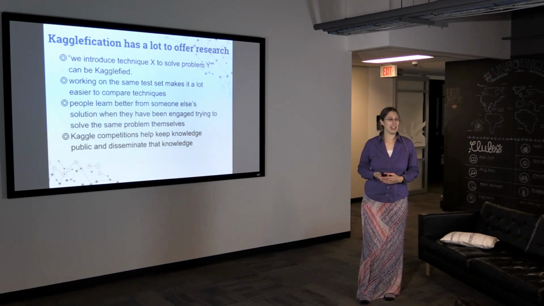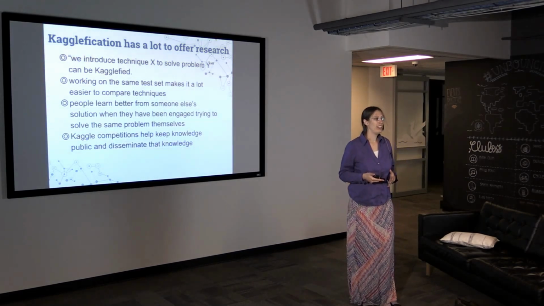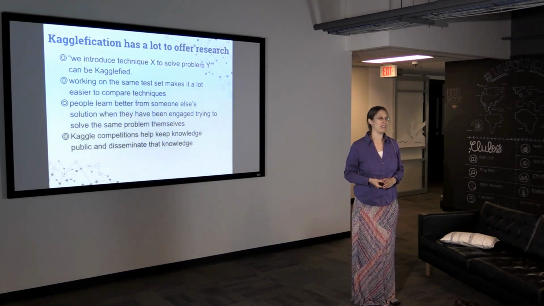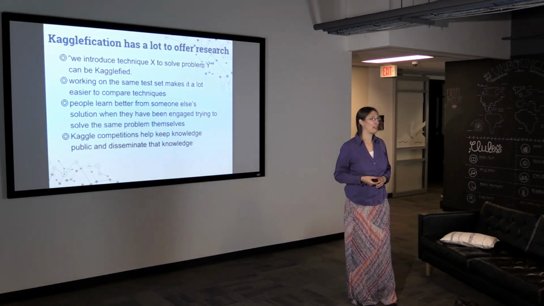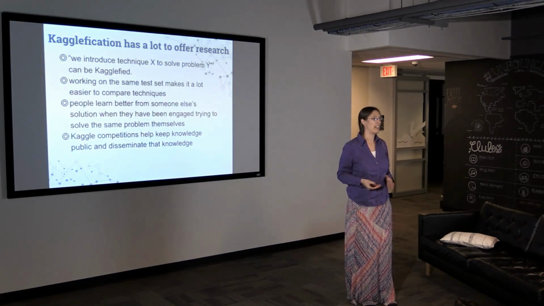I think another point is that when people work on a problem, they have a really good understanding of the problem, and that puts them in a much better position to learn from other people's solutions. I think that's actually one of the most powerful things about Kaggle. And the other thing I really like about Kaggle is it helps keep knowledge and techniques public, and it helps disseminate information.